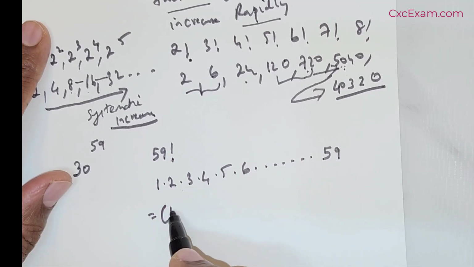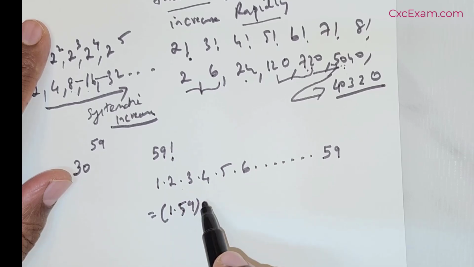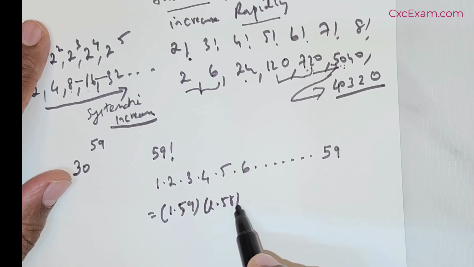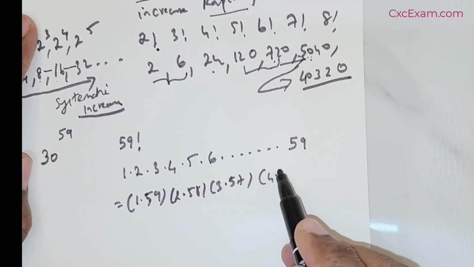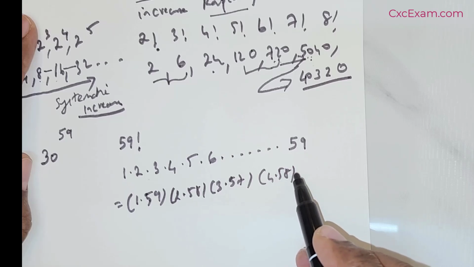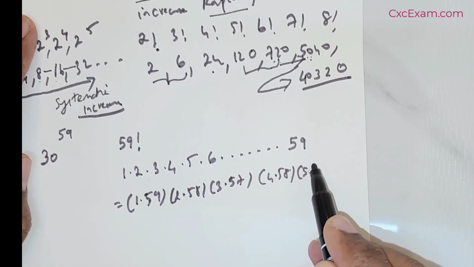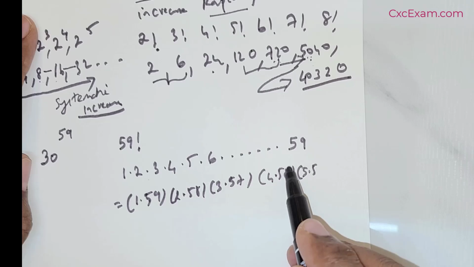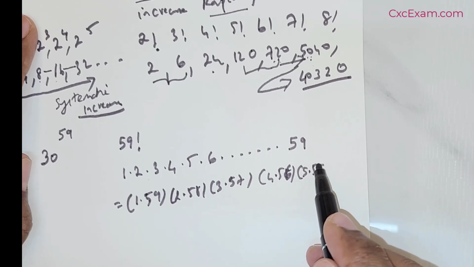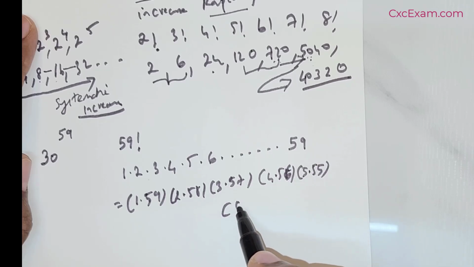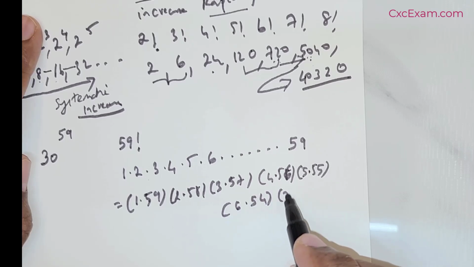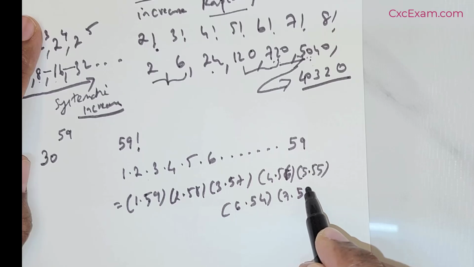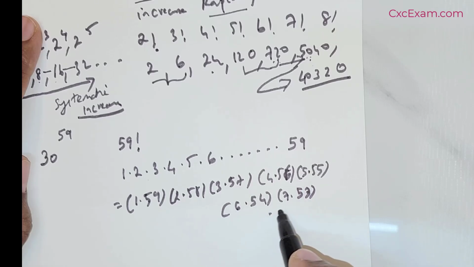I want to couple them as 1 multiplied with 59, 2 multiplied with 58, 3 multiplied with 57, 4 multiplied with 56, 5 multiplied with 55, 6 multiplied with 54, 7 multiplied with 53, and so on and so forth.